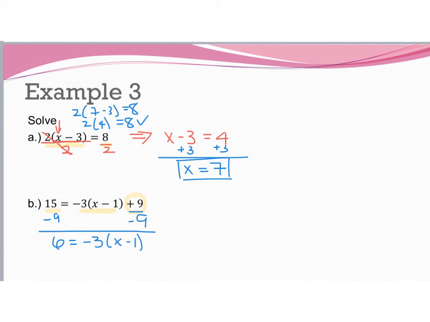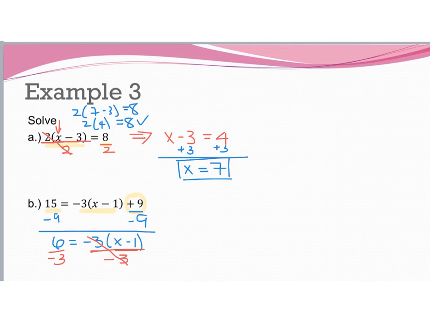Now, if you notice, we are back at the same point that part A was. So I see that I have a negative 3 times a quantity of x minus 1. Well, I want to get rid of that negative 3, and because it's being multiplied by that parenthesis, that means I need to divide both sides by negative 3 in order to get that quantity of x minus 1 by itself.